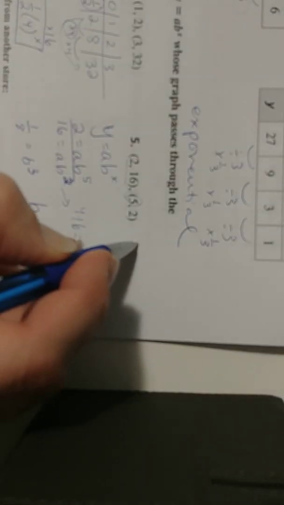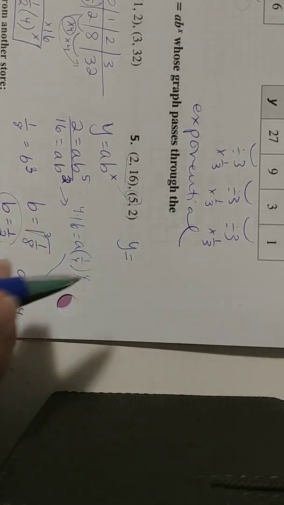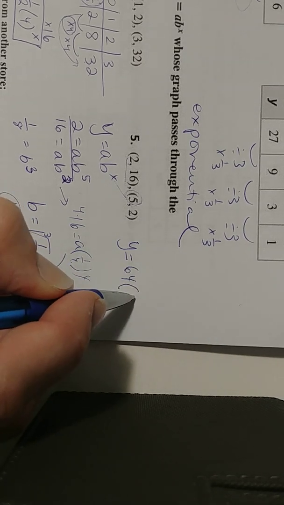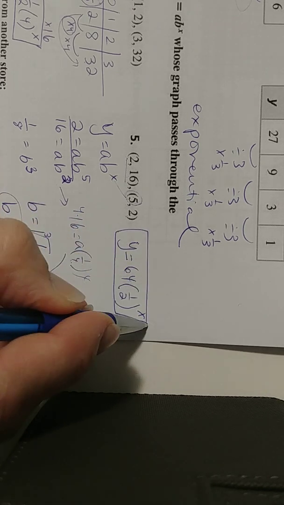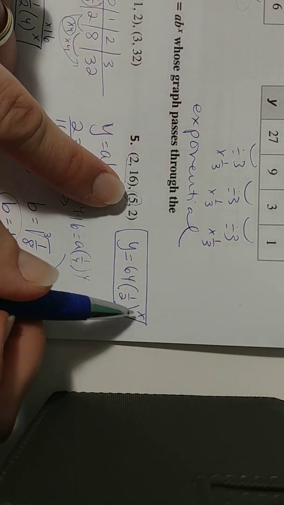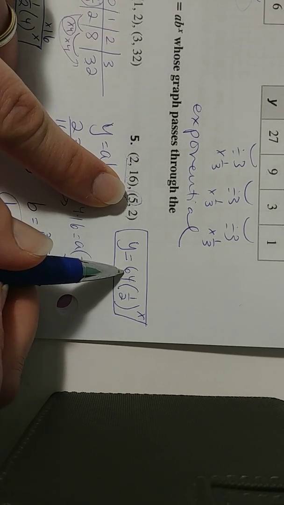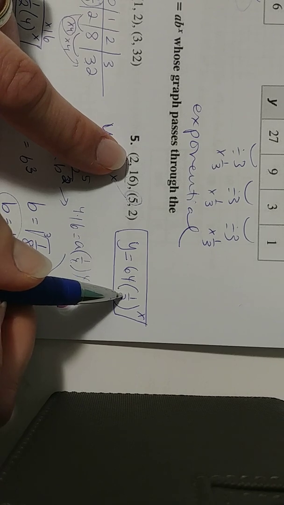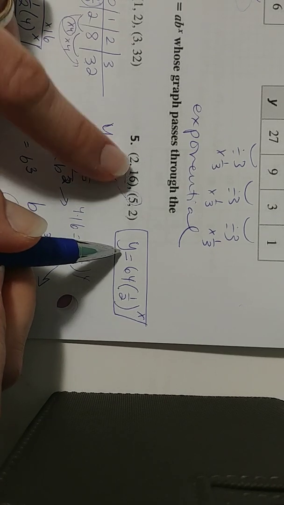So my equation is going to read y equals a, 64, times b, 1/2, to the x power. And I can plug in these points. In other words, 1/2 to the 5th power is 1 over 32 times 64 is 2. 1/2 to the 2nd power is a 4th times 64 is 16. So they both check.